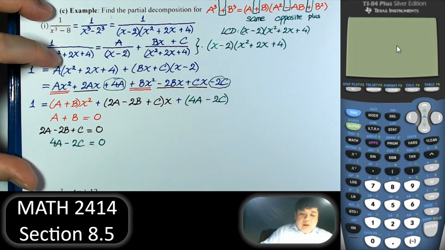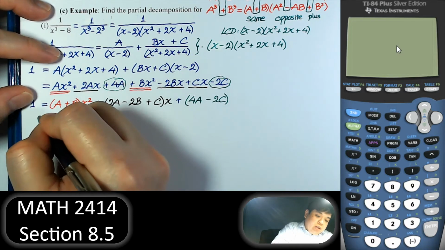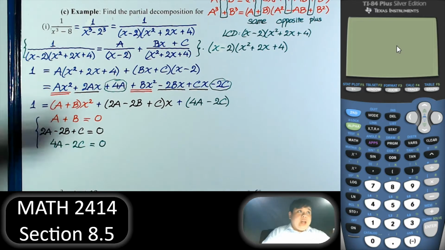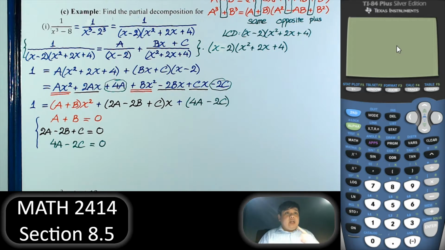Right. So pretty much we will solve this system of equations. We can do that by hand, but I'm going to use the calculator on that side. So I'll go very slow here. What I'm going to do is put this in matrix form.